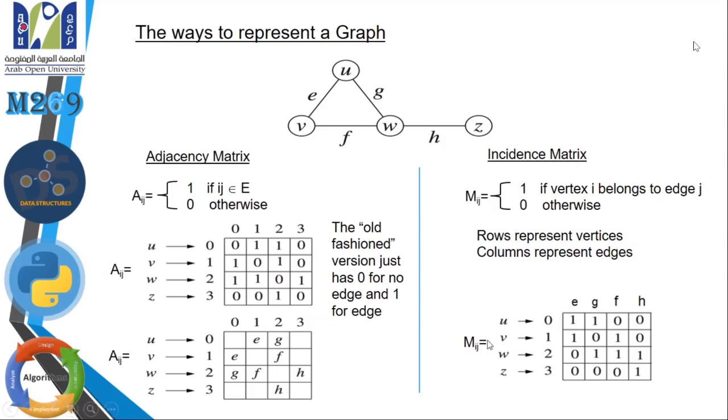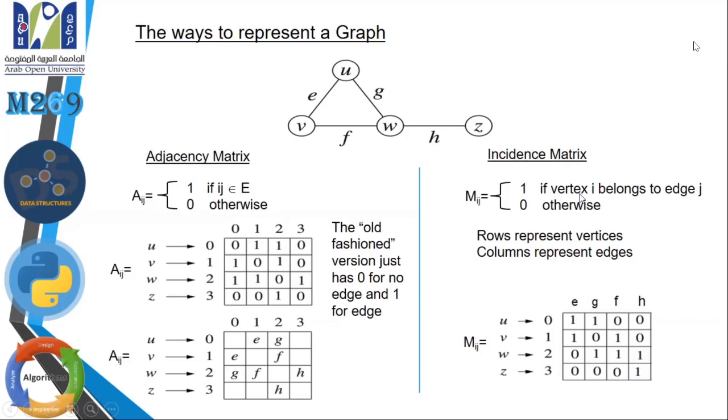1 if vertex I belongs to the edge J. Now for example, U, what are the edges? E and G, so they belong to U. Vertex I is general; you can substitute it by anything, U or Z. So now in my example, U belongs to the edge J, and J could also be anything.